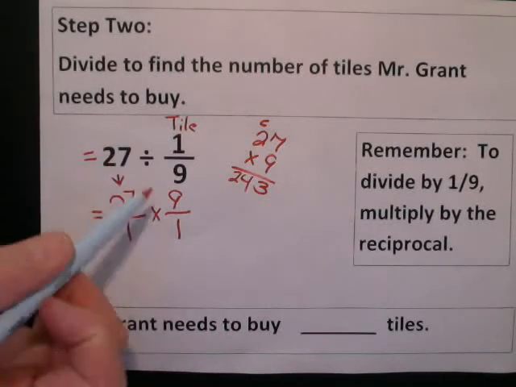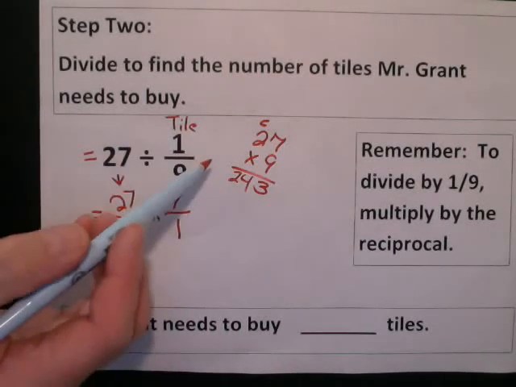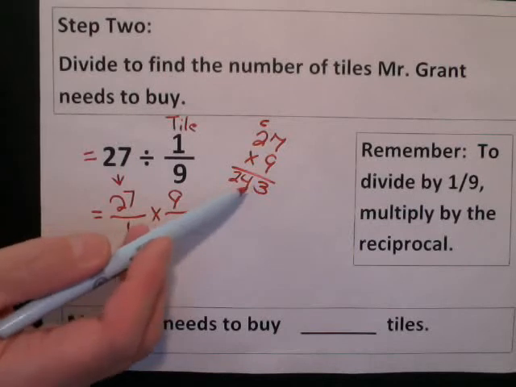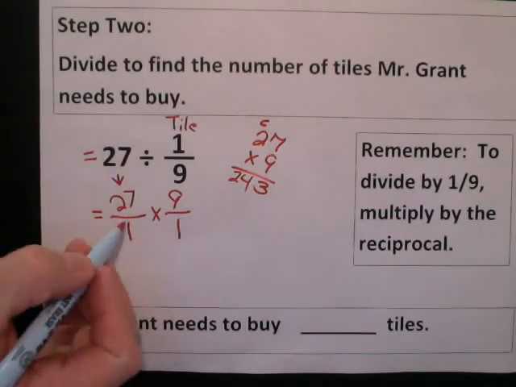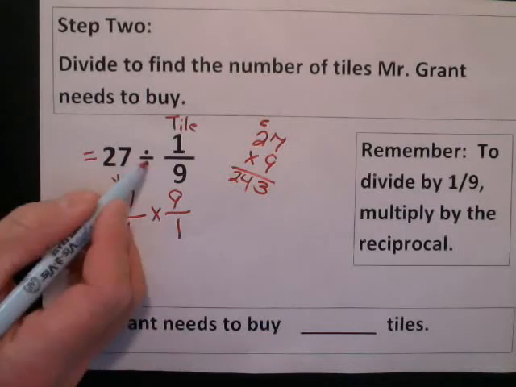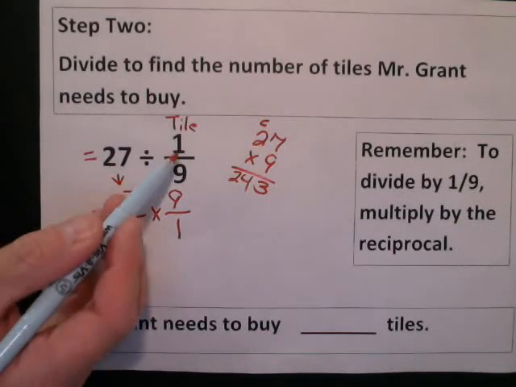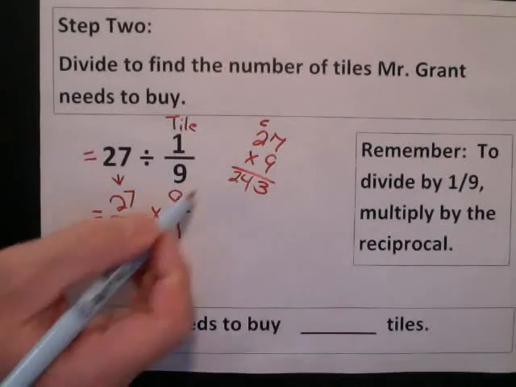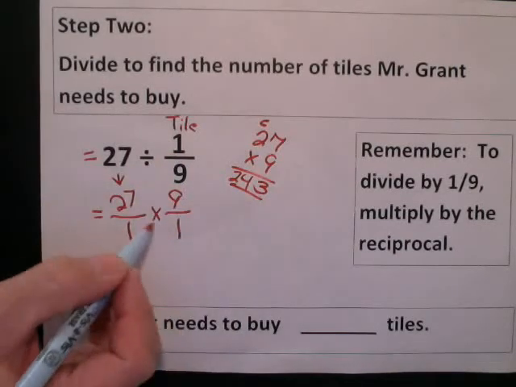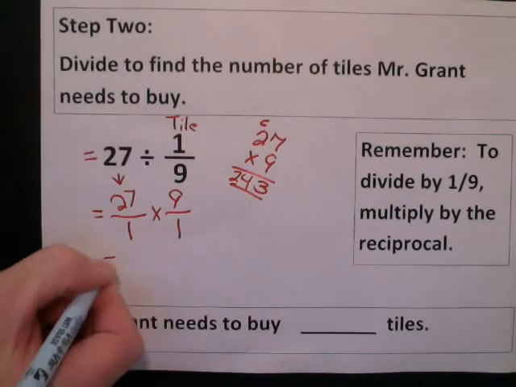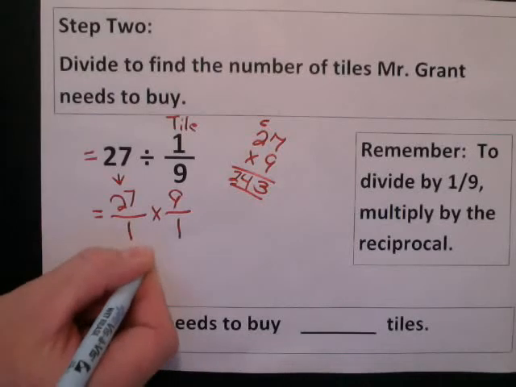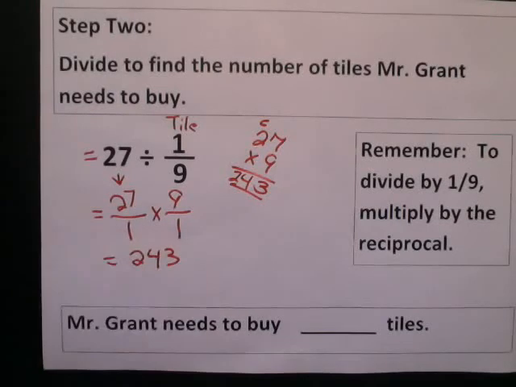And so as we evaluate the expression and break it down, we know that when we divide 27 by 1/9, we end up with 243 because we multiplied by the reciprocal. So our answer is 243.